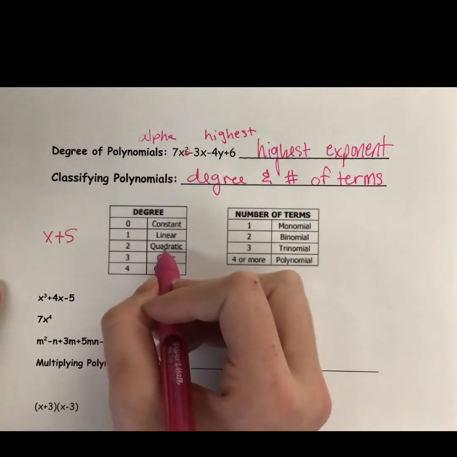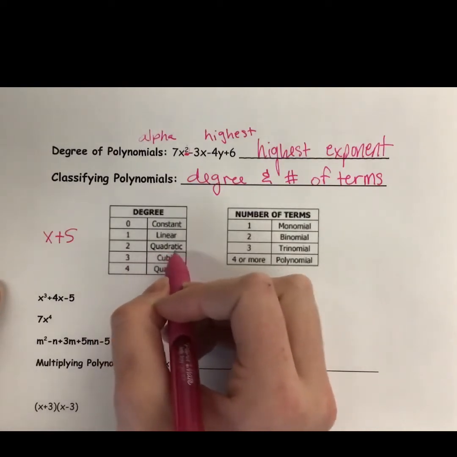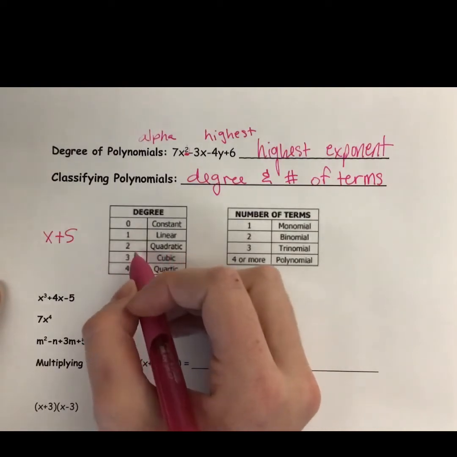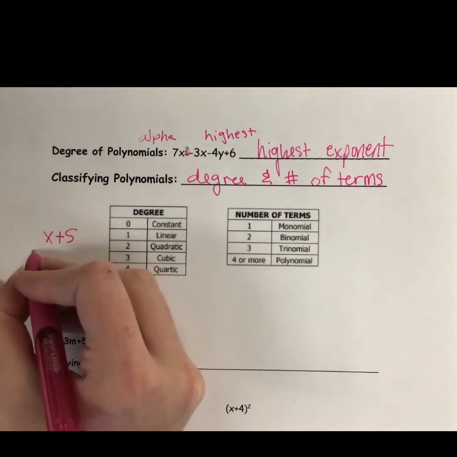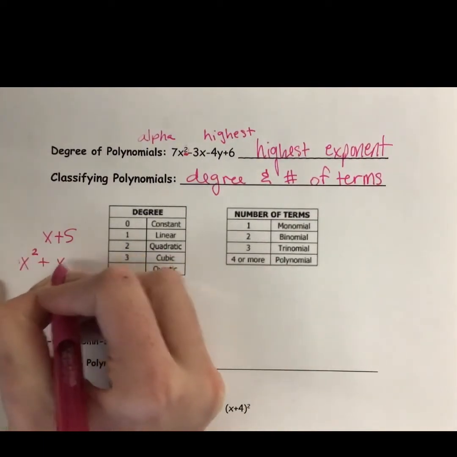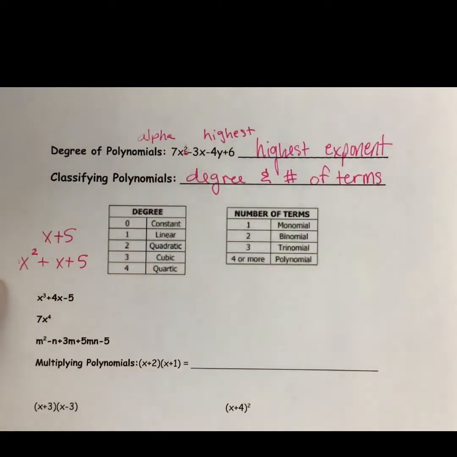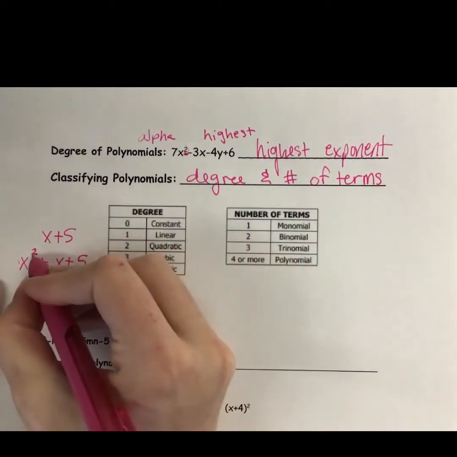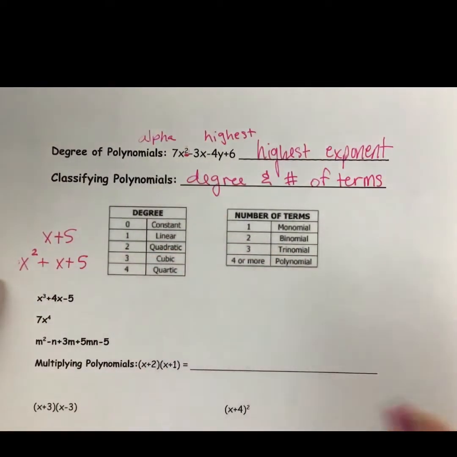Our quadratic is what we're focusing on mostly today, and that's with a degree of 2. We call that a quadratic because when we think of squaring 2, or you have a quad wheel, right? That gives you 4, so 2 squared is 4.